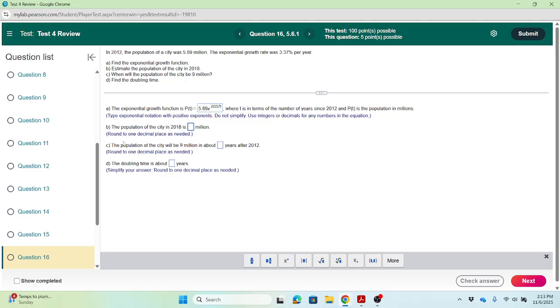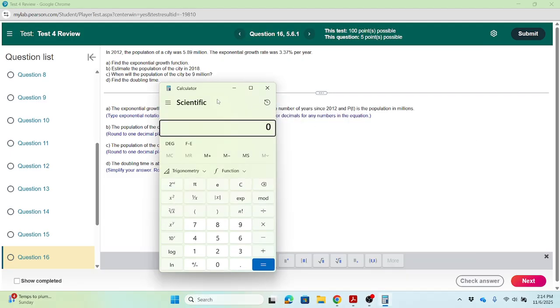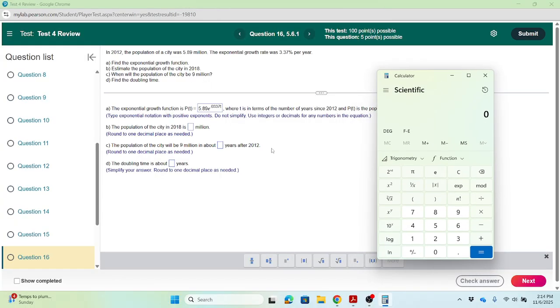Now for finding the population in 2018, the time difference is 6 years, so replace t by 6. So 5.89 times e to the power 0.0337 times t. I need to use the parentheses first, so I made a mistake here.